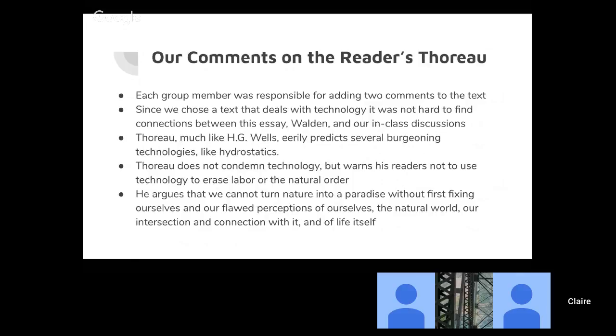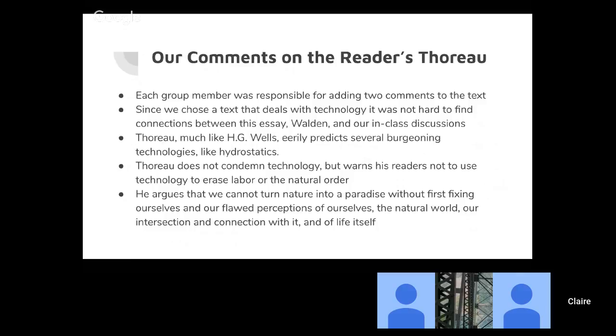As for our actual comments on the Reader's Thoreau, we each were required to post two comments. We detailed some things that we found, and we found that, as we mentioned before, Thoreau really predicted a lot of things that happen in the future, like hydrostatics and wind power.